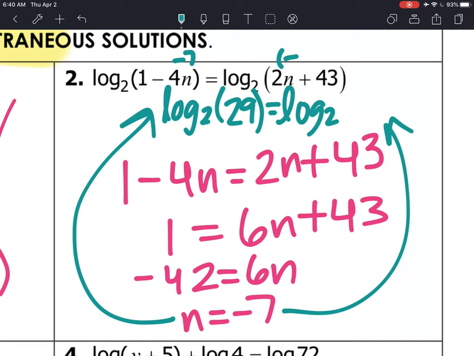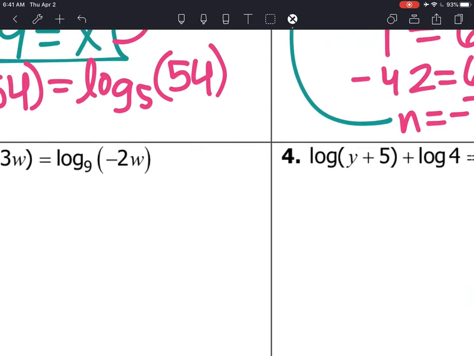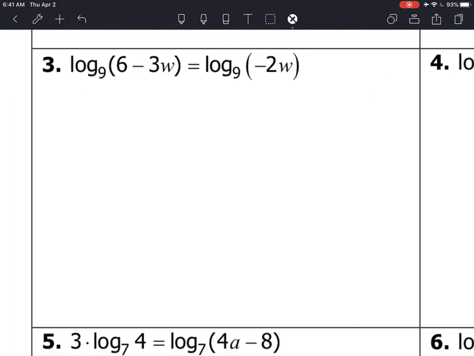And then on this side, we got 2 times negative 7, which is negative 14. And then you just got to do 43 minus 14 because they're opposite signs. And you would get 29. And everything seems equal to each other, so we can say that is actually a solution.